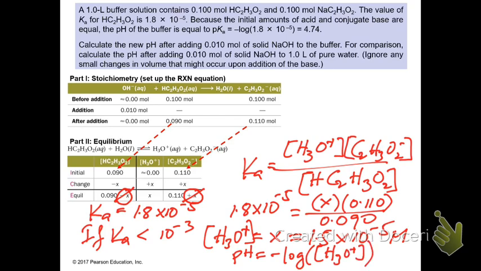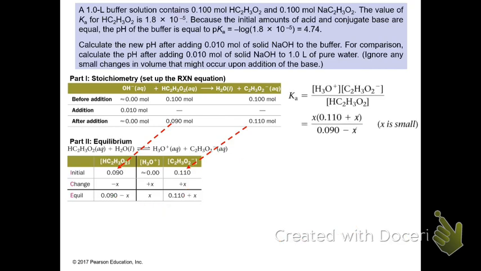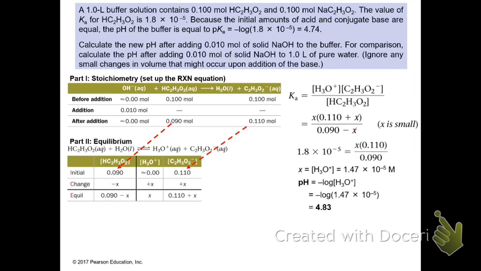Okay, and here's the cleaner version. Taking the negative log of 1.5 times 10 to the negative 5 gives you the pH value, which is 4.83.